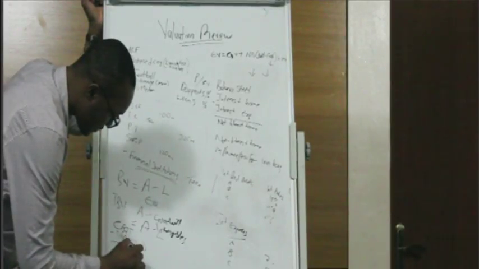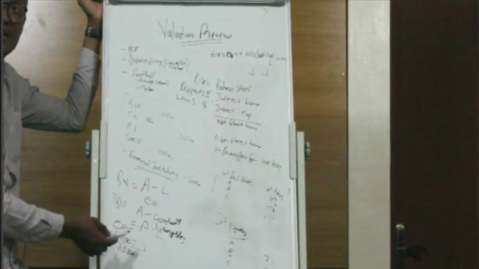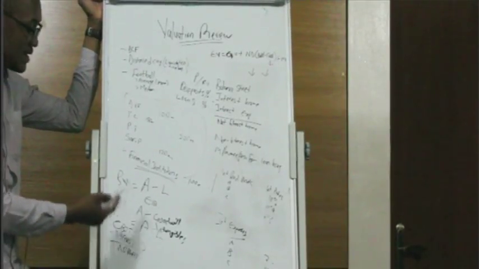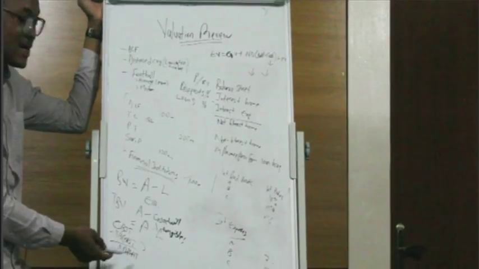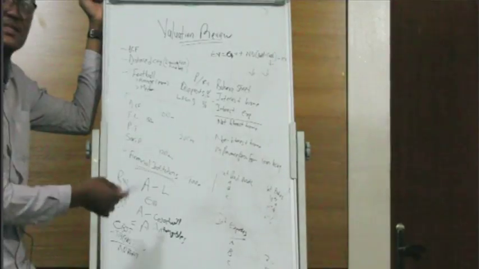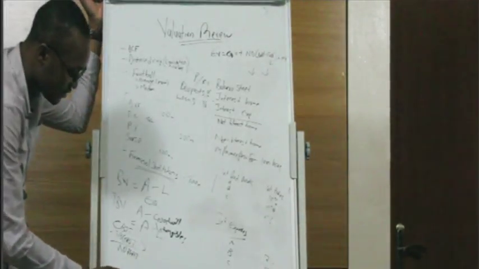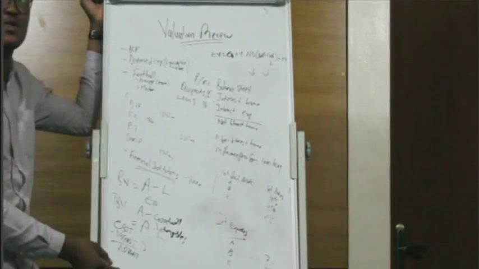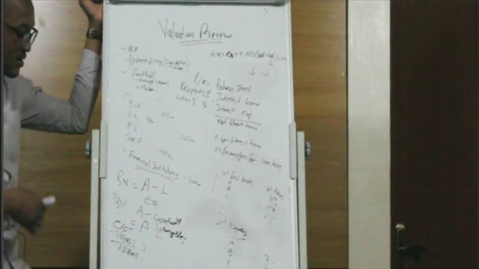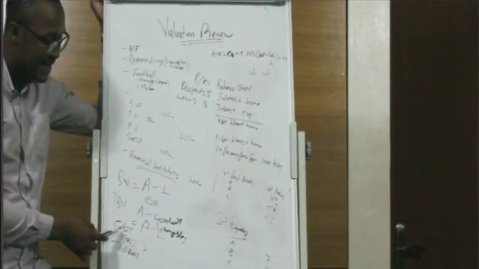So we get NOPLAT, and then you add non-cash charges, depreciation, amortization, and then you subtract capital expenditure, you subtract changes, if there's an increase in working capital, you subtract it, and then you get your free cash flow. And the free cash flow we get is what? Unlevered free cash flow. You see where we started from, earnings before interest and tax.